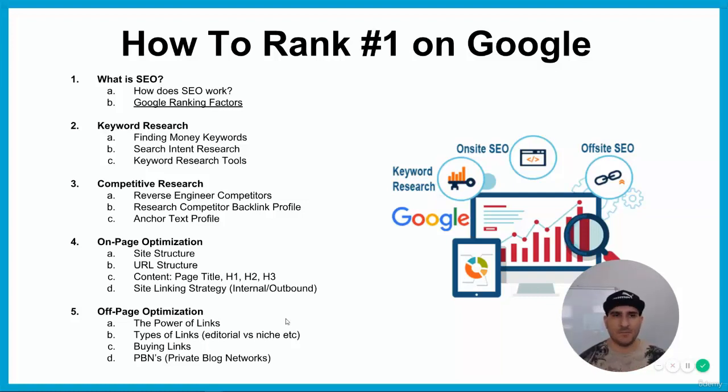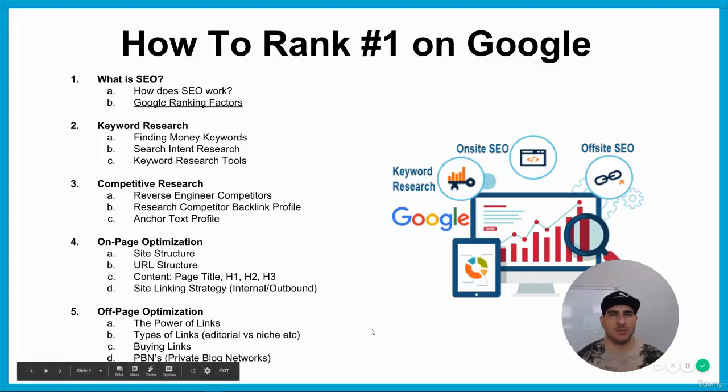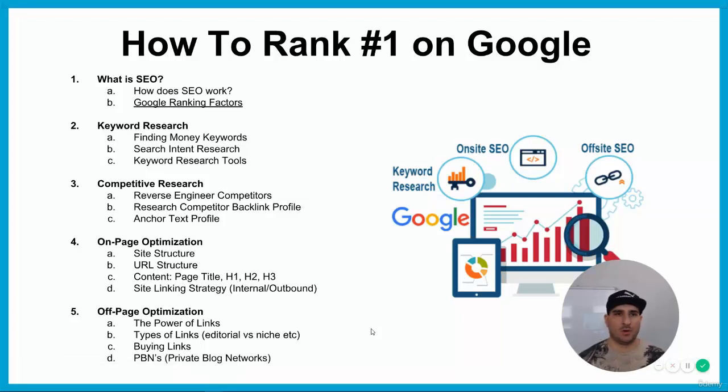Okay, and private blog networks. This is a really gray area, and it still works. It's been around since the beginning of time, really, for SEO. The way these work is you will find domains that people have let go by the wayside, have let expire, or are going to be expiring soon.